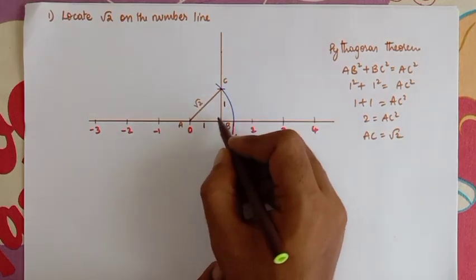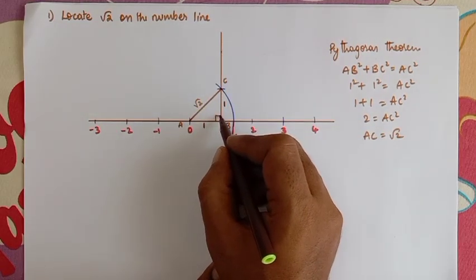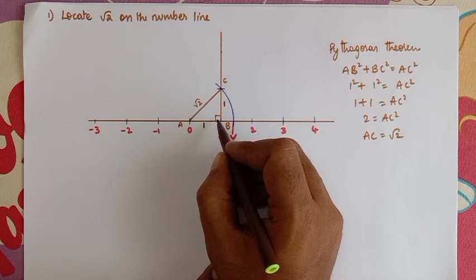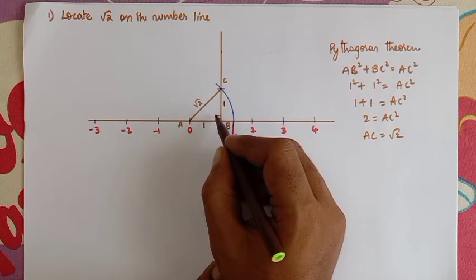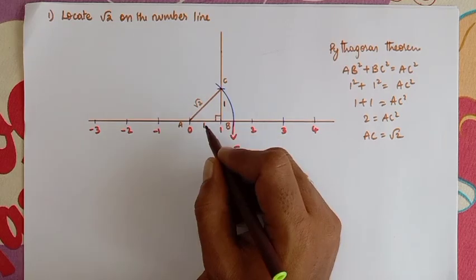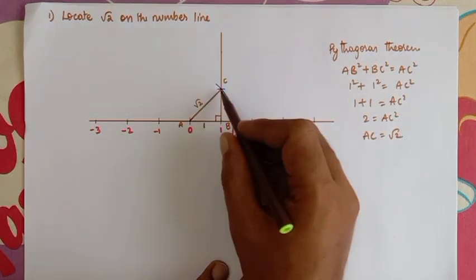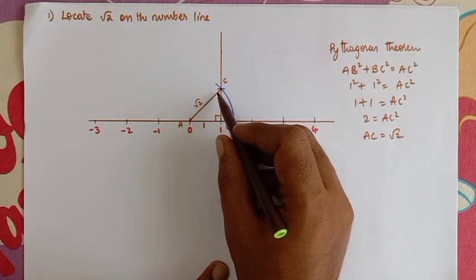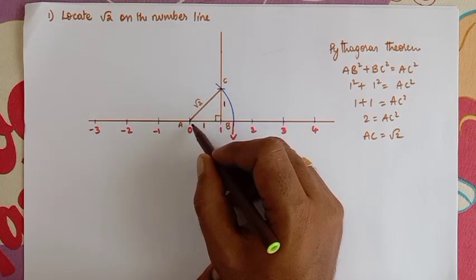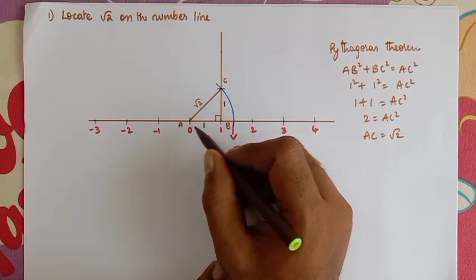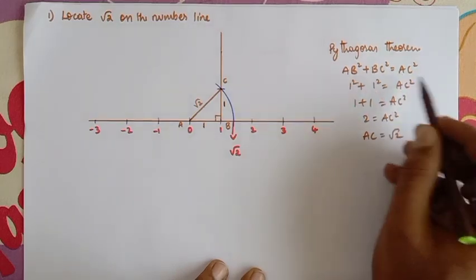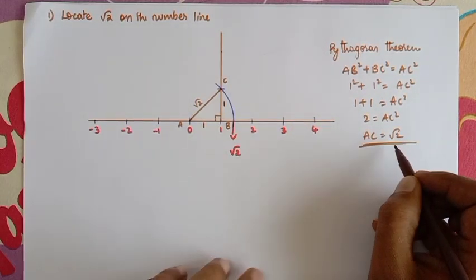Here you can observe that this is 90 degrees. The side opposite to this angle is called the hypotenuse. As per the Pythagoras theorem, the square on the hypotenuse is equal to the sum of the squares on the other two sides. As per this statement, AC is root 2.